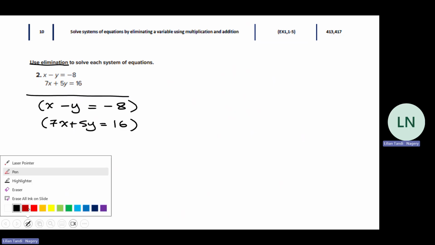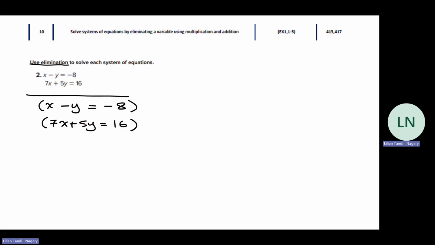Okay, I want to eliminate y. It doesn't matter. You choose what you want to eliminate. Me, I have decided I want to eliminate y. I will put here 5. This 5 will go out here. And this is negative 1. This will go here, negative 1.